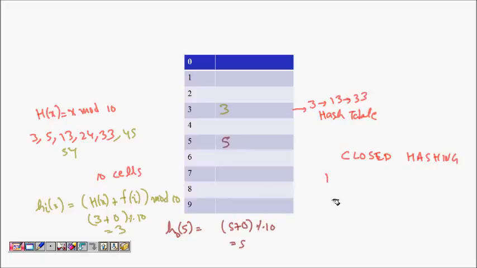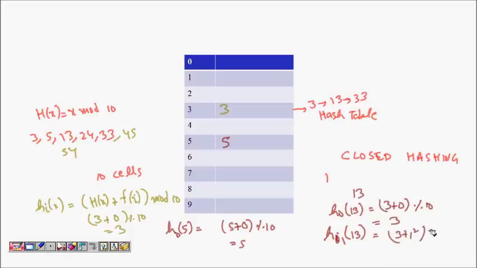Now let's see 13. h_0(13) is 13 mod 10, so 3 plus f(0) mod 10 is 3. But 3 is already occupied, so we try an alternate location with i equal to 1. h_1(13) is 3 plus 1 squared mod 10, which is 4, so I will put 13 here.